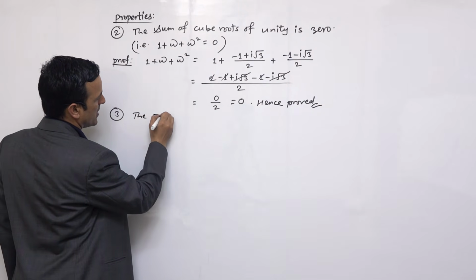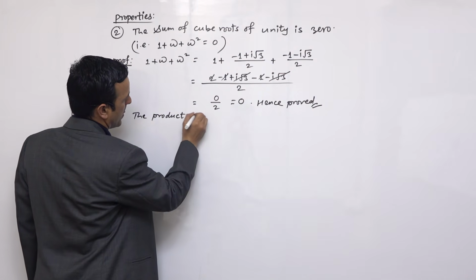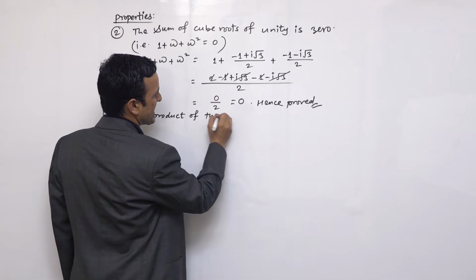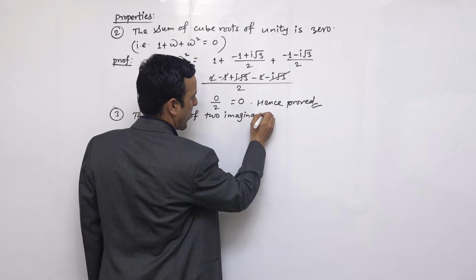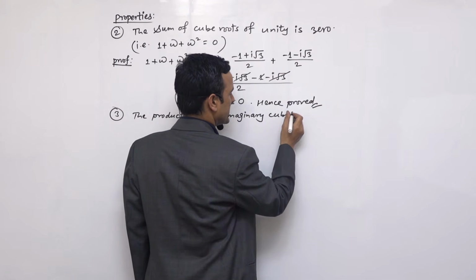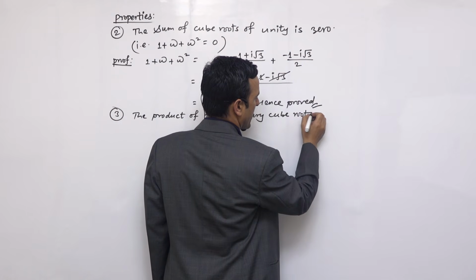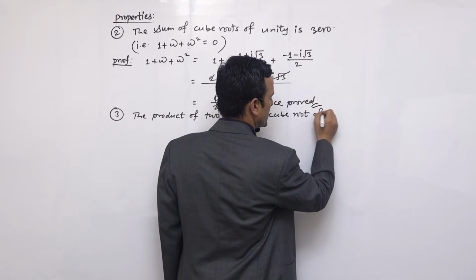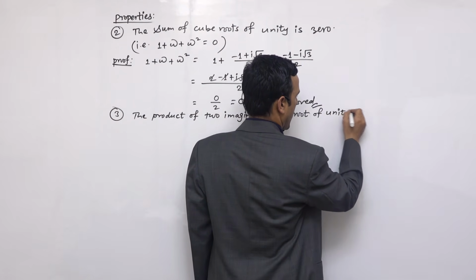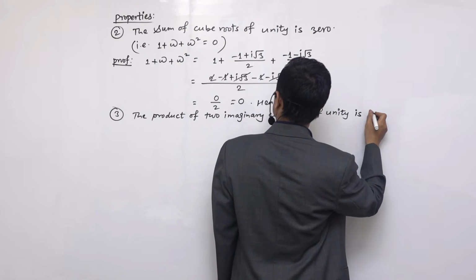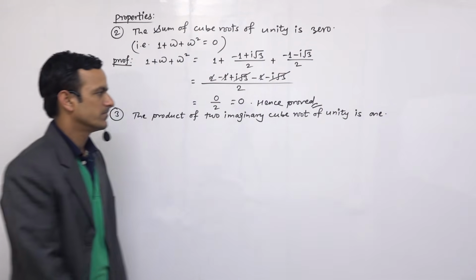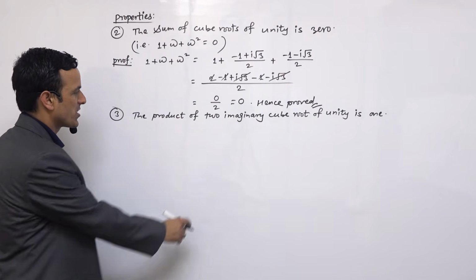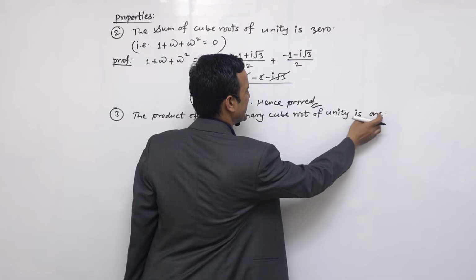So let's move to number 3. The product of the two imaginary cube roots of unity is 1.